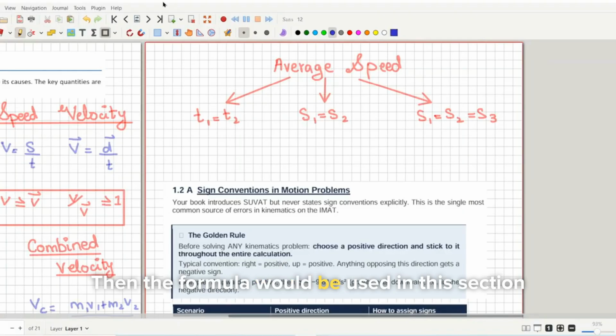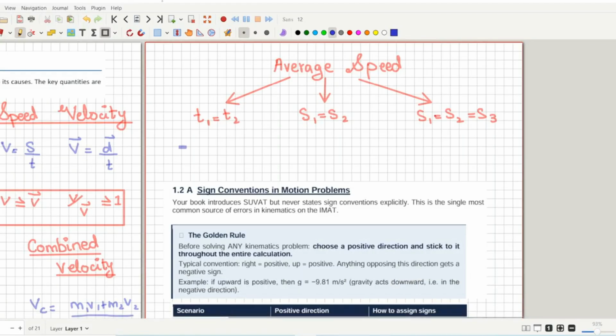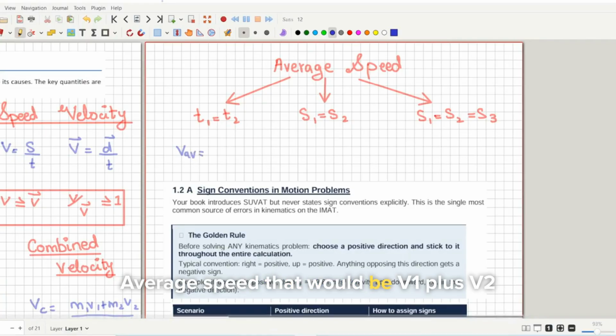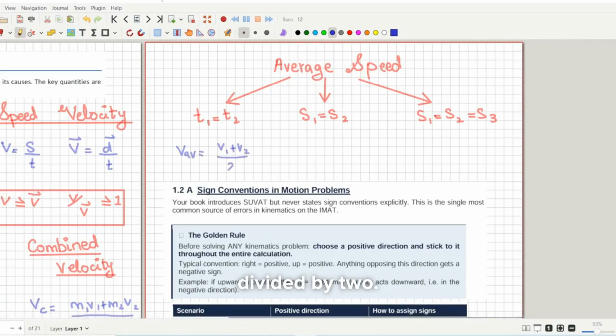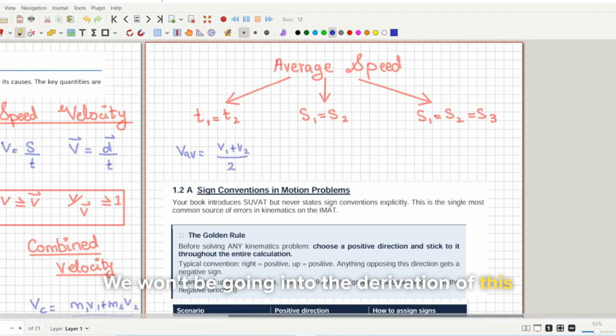Then the formula to use is this: average speed would be v1 plus v2 divided by 2. We won't be going into the derivation of these formulas, just memorize it as it is.